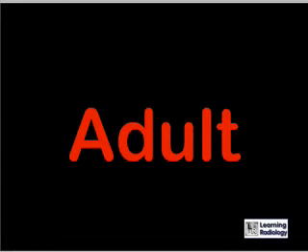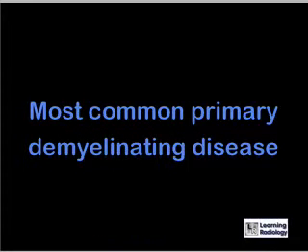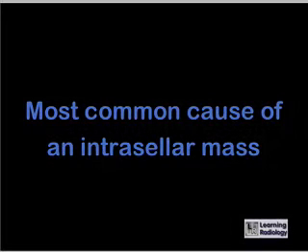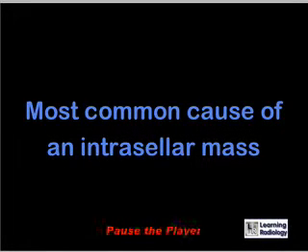The following refer to adults. What is the most common primary demyelinating disease? Multiple sclerosis. What is the most common cause of an intrasellar mass?